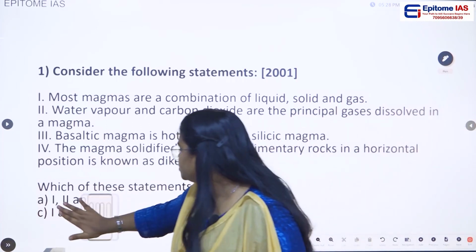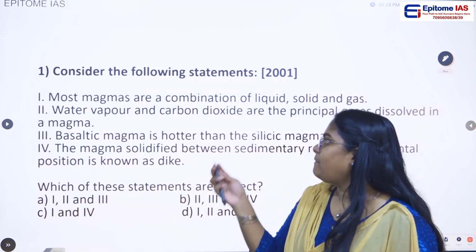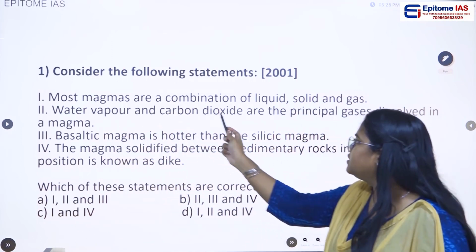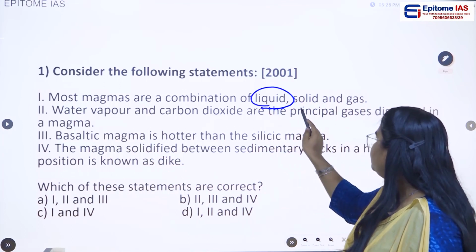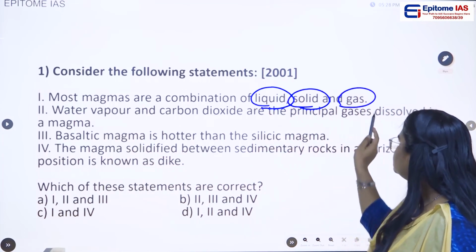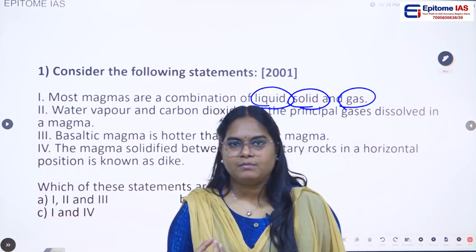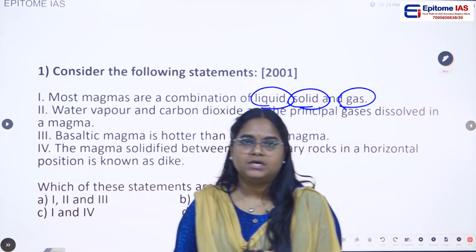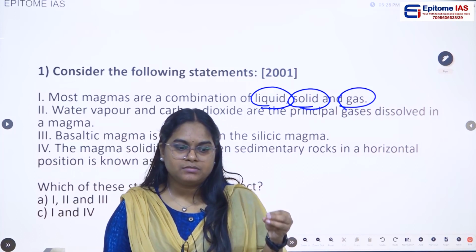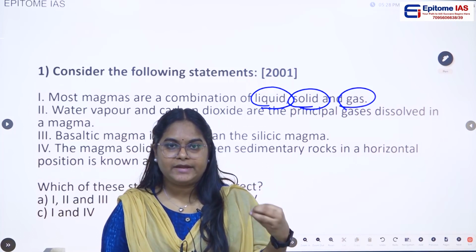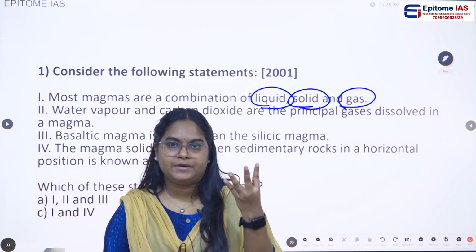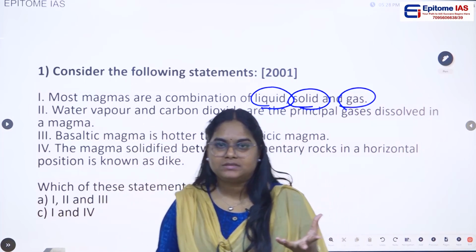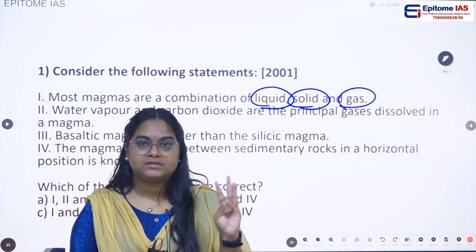So this particular question is talking about magma. The first statement says that most magmas are a combination of liquid, solid and gases. If you see, magma is kind of a liquid; it contains the liquid portion of some rocks or minerals.